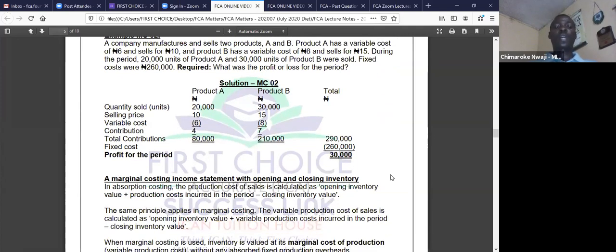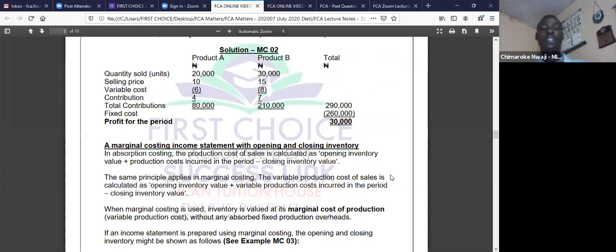Now, let's look at marginal costing income statement with opening and closing inventory. Let's see what we can learn when we use marginal costing in a profit statement and there is an opening and closing inventory.